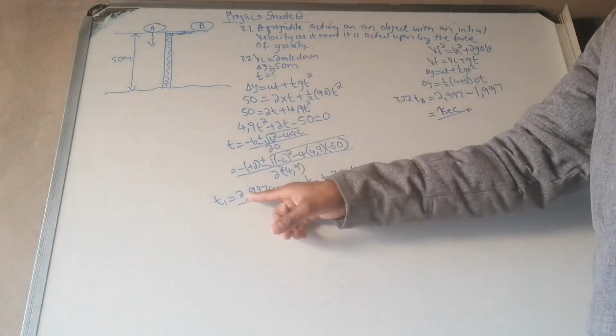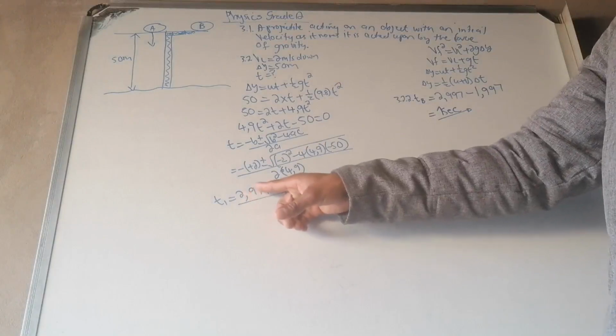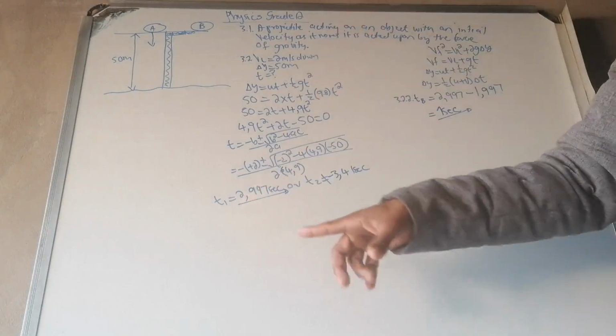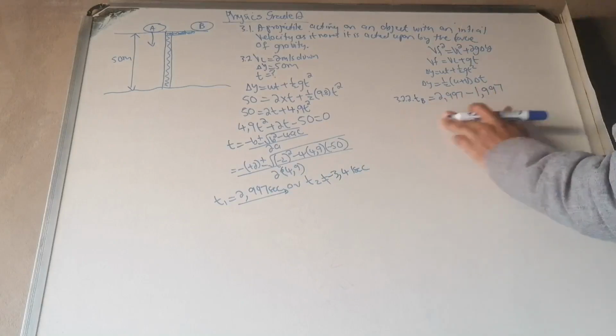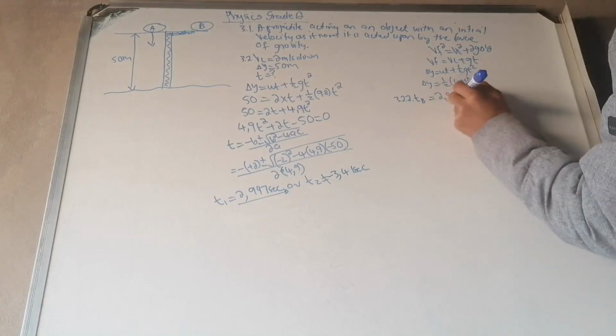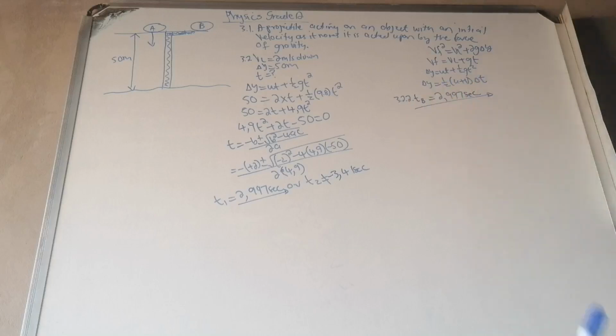If stone A hit the water in 2.99 seconds after it was thrown, this has to exactly do the same. So what am I saying here? You don't even have to subtract anything.